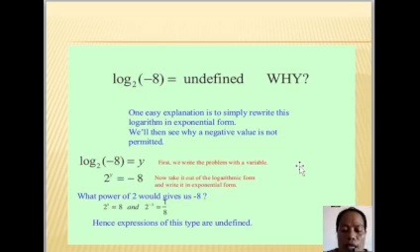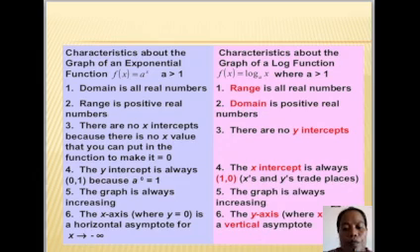The question is, what power of 2 would give us -8? As we know, 2 cubed is +8, and 2 to the power of -3 is 1/8. So how can we get -8 here? Hence the expression is undefined because we cannot get a value for it.